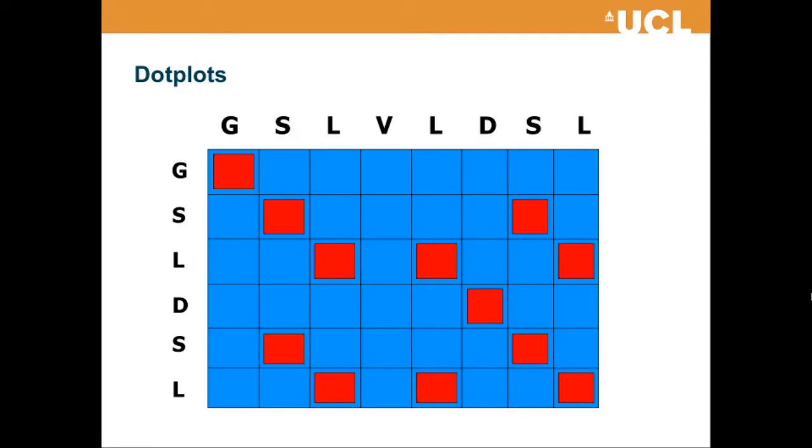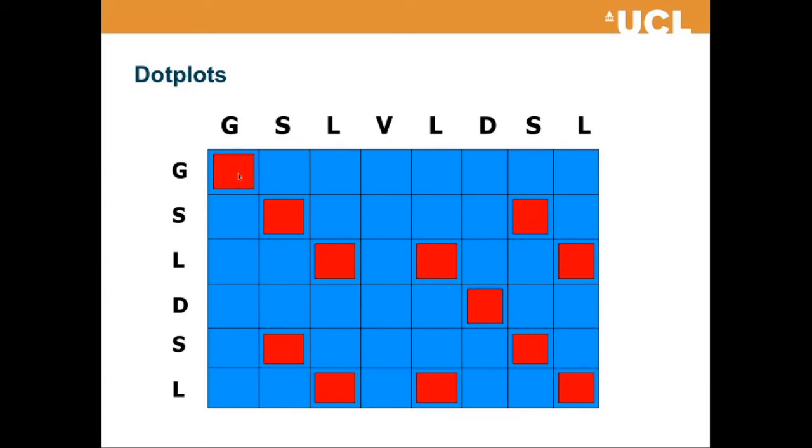How then can we examine the alignment between two sequences? Well, if I take the same simple example that I showed you on the last slide and plot one sequence along the top and one sequence down the left-hand side, then anywhere that the two sequences match, I can put a red blob. So two glycines here, serines here, but this serine, there's also a match with a serine there.